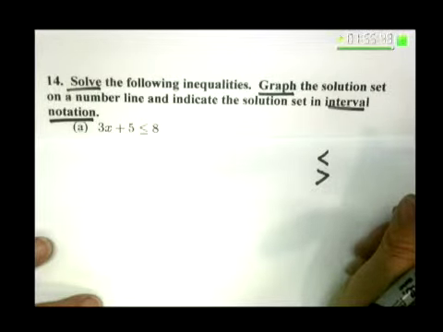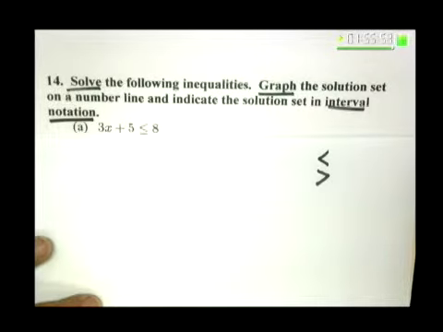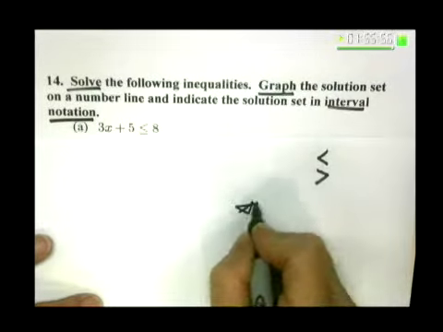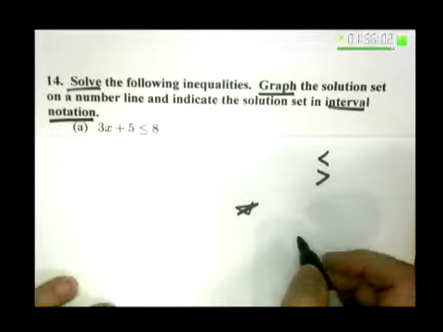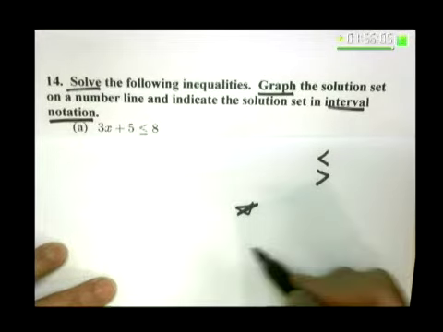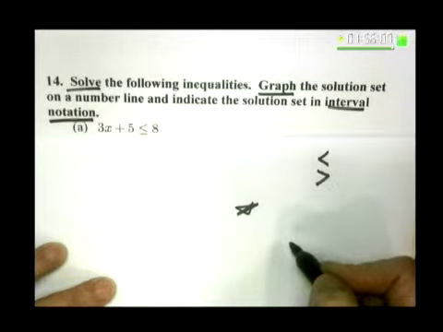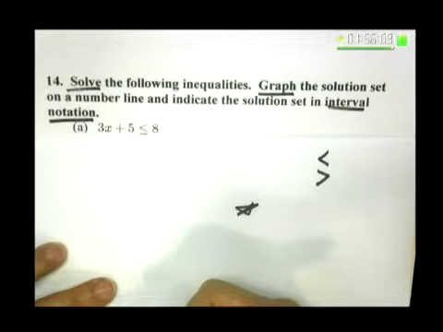And the rules for inequalities are exactly the same as for equations except for one difference. And the difference that will make solving inequalities easier for you is that if ever you multiply an inequality or divide an inequality by a negative sign, the direction reverses.